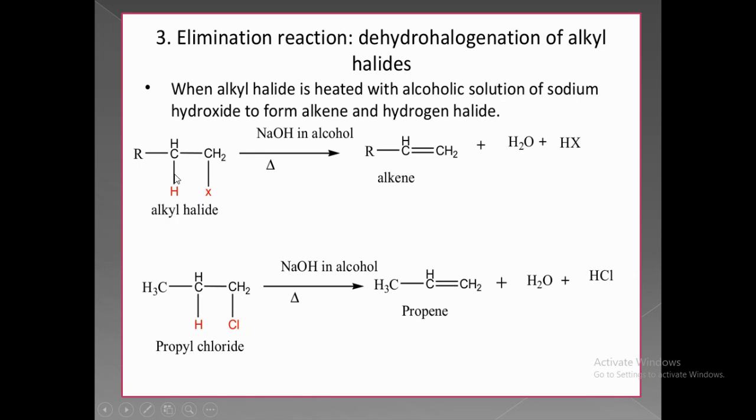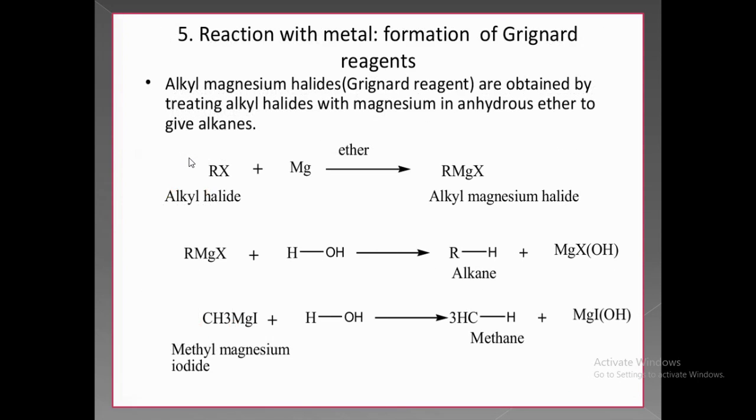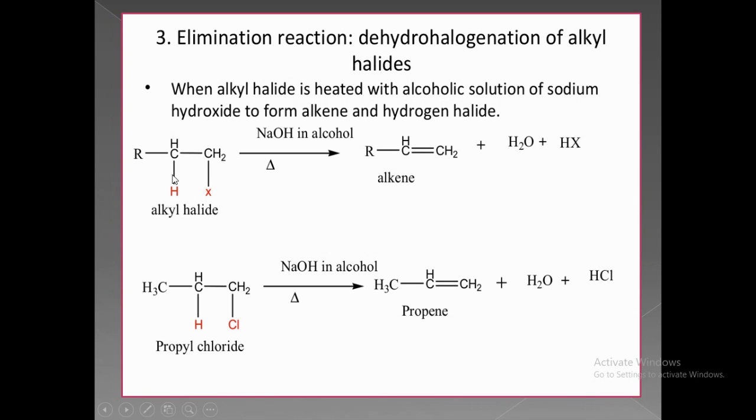So what happens here? The two electrons from the C-H bond will move in between the carbon-carbon, and because of that X will be removed from here, and a double bond will be generated between these two carbon atoms: RCH=CH2, and HX will be liberated from these two adjacent carbon atoms.